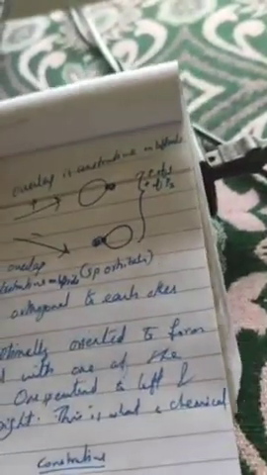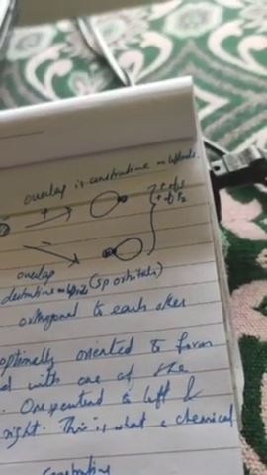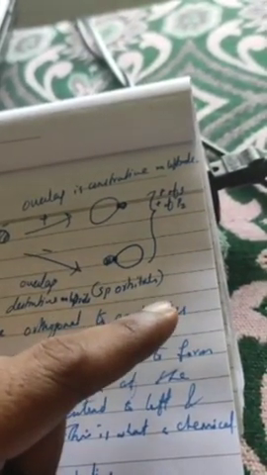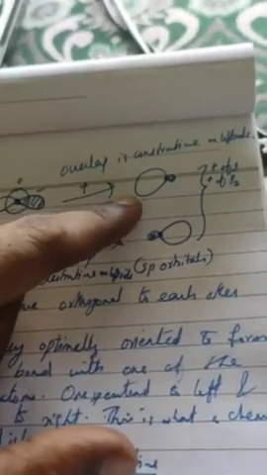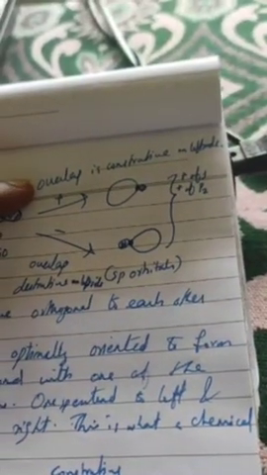So as a result of this overlapping, we are getting the beryllium hydride bonding. That means one hydrogen atom is mixed with one of these hybrid orbitals, and the other hydrogen atom is mixed with the other orbital. This is the resultant of the mixing, constructive and destructive type of mixing.